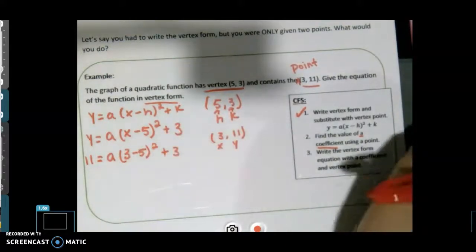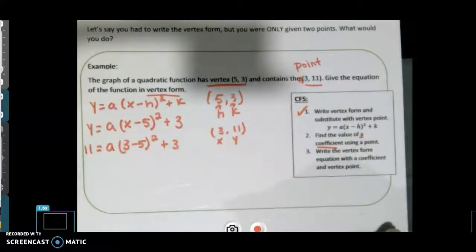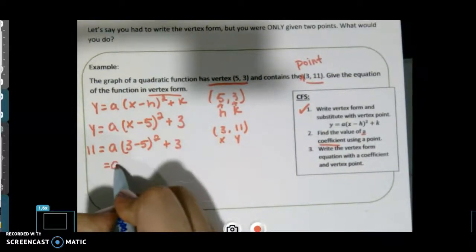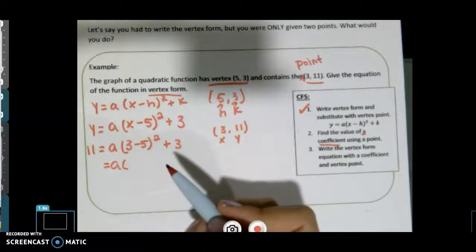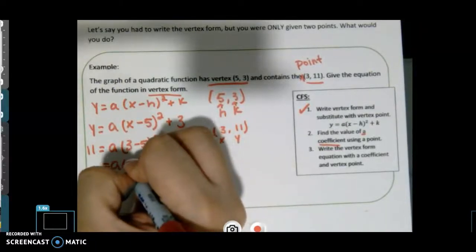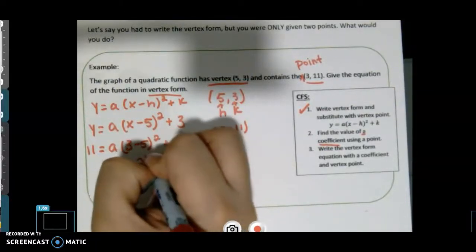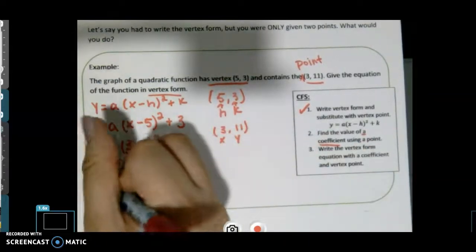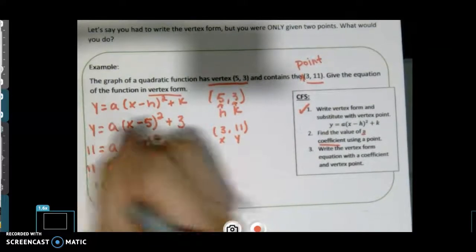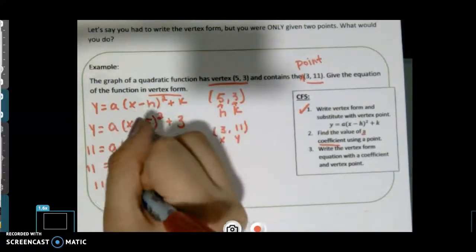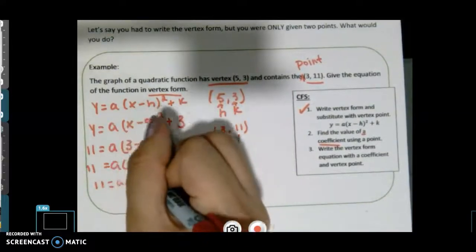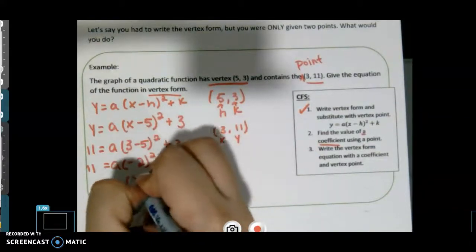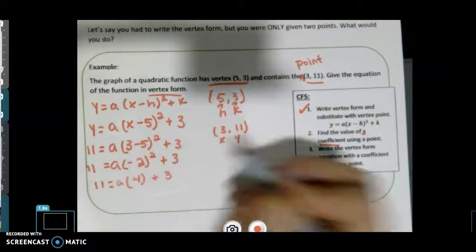Okay, so now we have to simplify. So let's go ahead and start with parentheses first. So a, what's 3 minus 5? Should be negative 2 to the power of 2 plus 3. Okay, so let's go ahead. So this, we know this will be 11. So now what's a? Negative 2 to the power of 2. So that should give me a positive 4 plus 3.